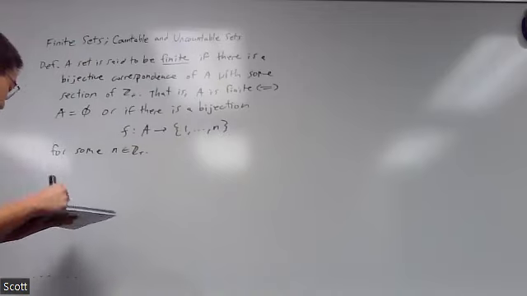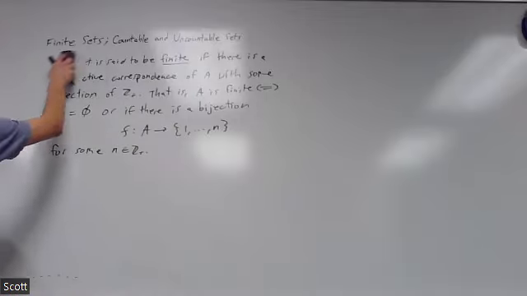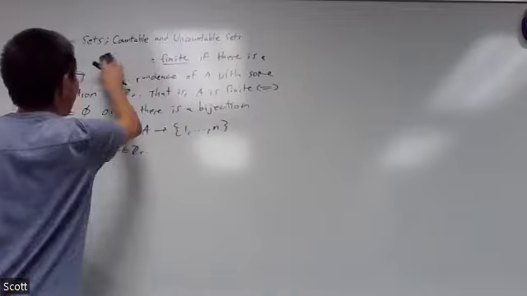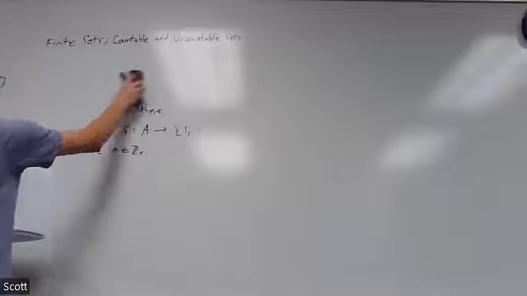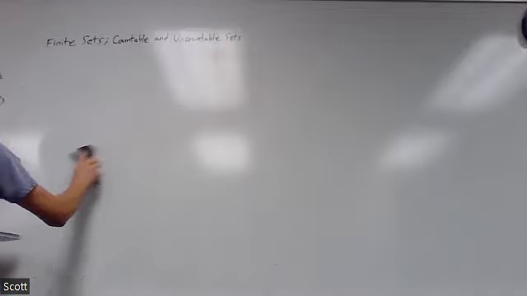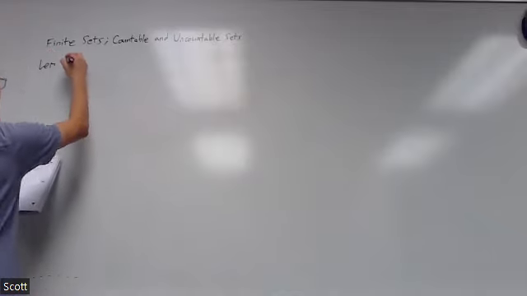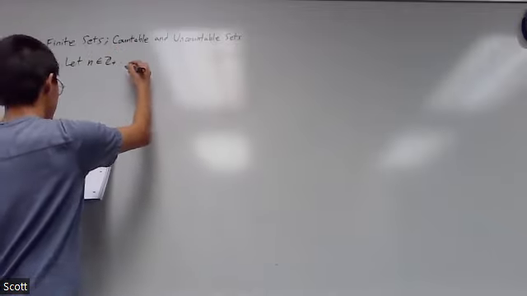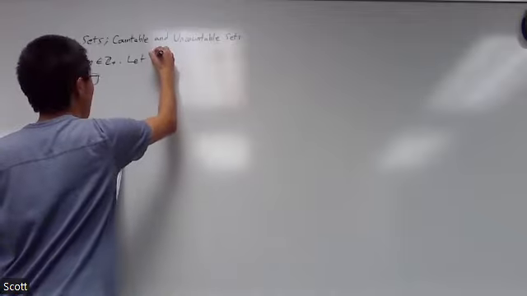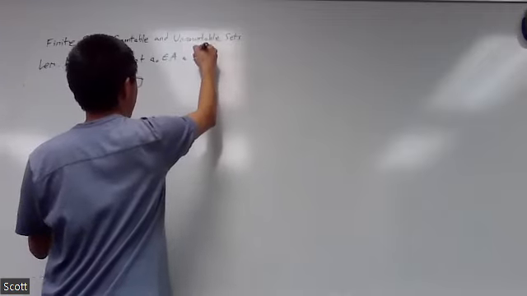So then there's a lemma, and actually I think I'll prove this. This was a good lemma to prove. It's going to take up some space, so actually I'll erase this. I should have done it up on the top. Okay. So lemma: we're going to let n be in the positive integers, and we're going to let a naught be in our set A. So A is a set.